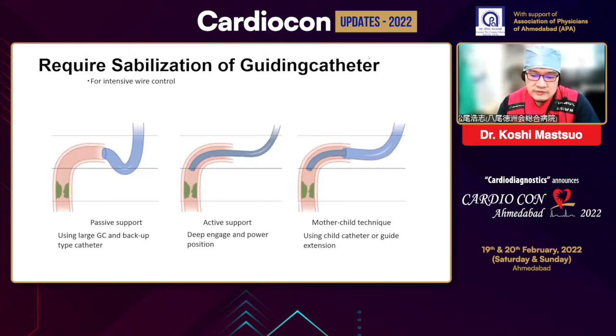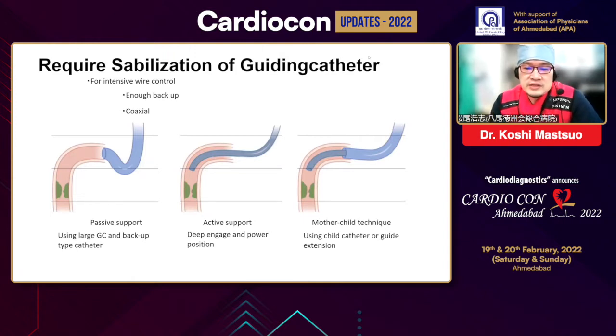For the antegrade approach, intensive wire control is necessary, and we need enough backup and coaxiality. For CTO procedures, guiding catheter stabilization is very important. For intensive wire control, stabilization is very, very important.